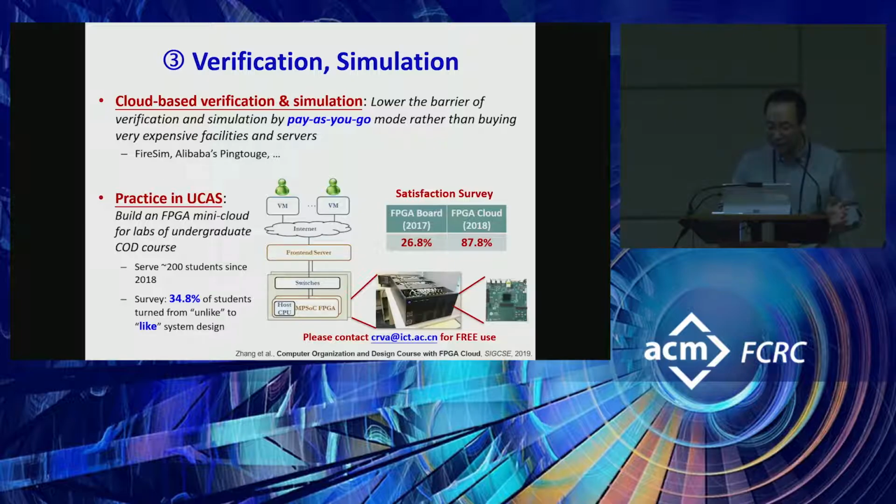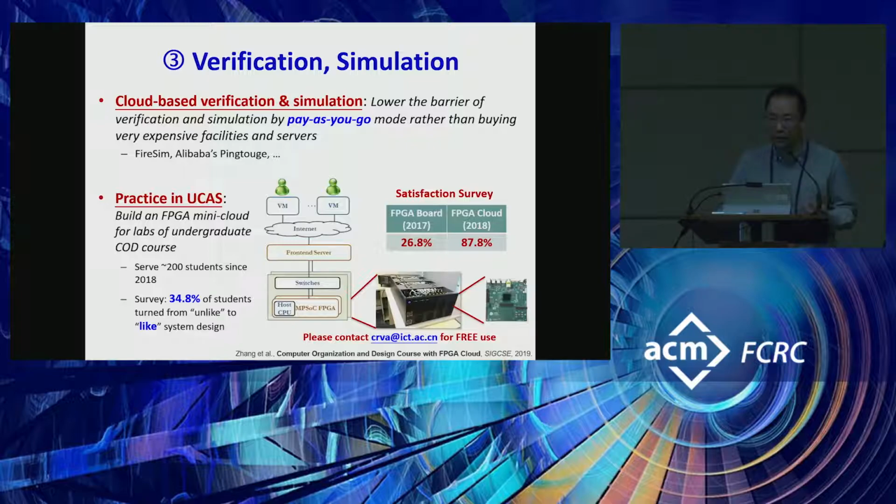We did a survey, and found that before the FPGA cloud, when every student got an FPGA board, the satisfaction rate was only 26.8%. But after using the FPGA cloud, the satisfaction rate jumped to 87.8%.